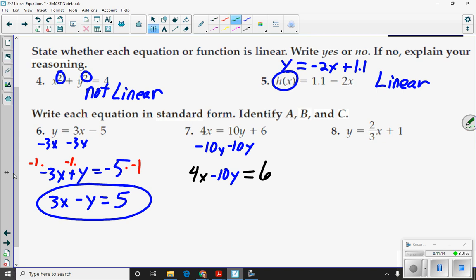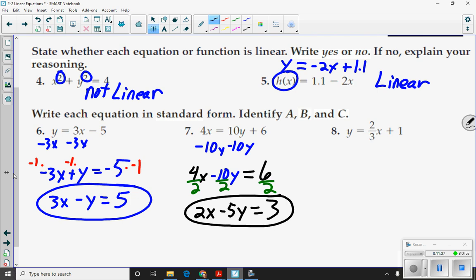Did you notice that you could divide every single term in here by 2? Divide by 2, divide by 2. In which case, these are multiples. So 4 divided by 2 is 2x. 10 divided by 2 is minus 5y, and it's going to equal a 3. And do you see how these values are smaller than where they were before? Smaller is better.